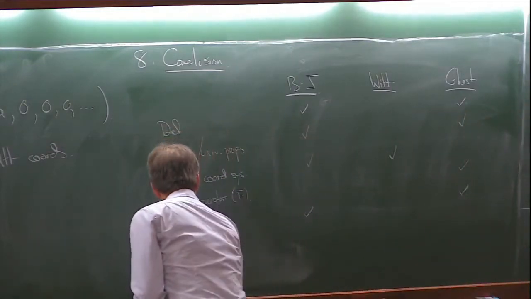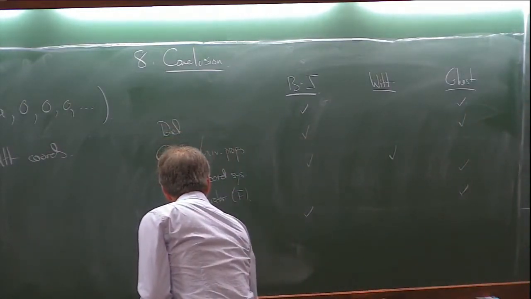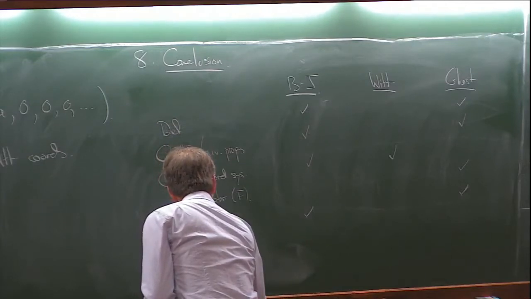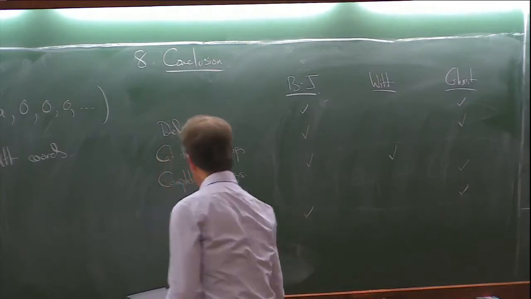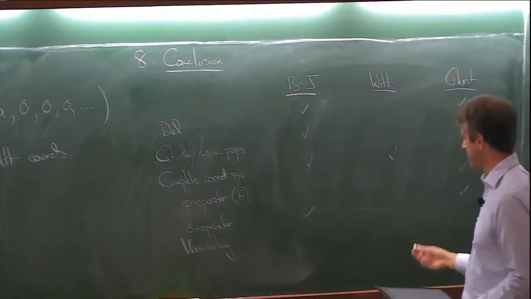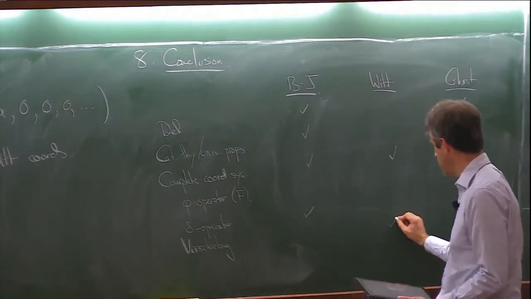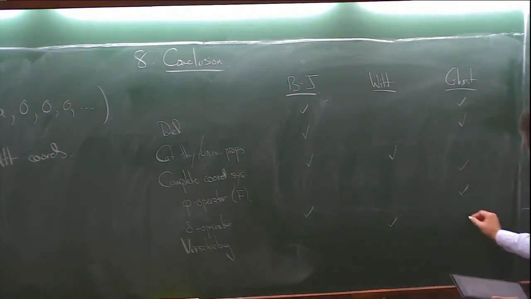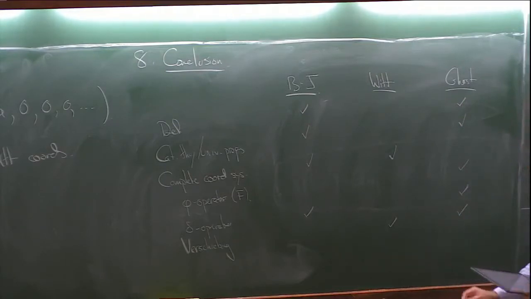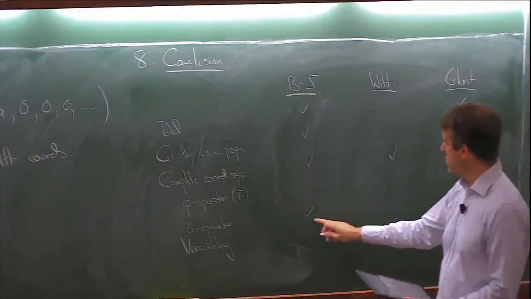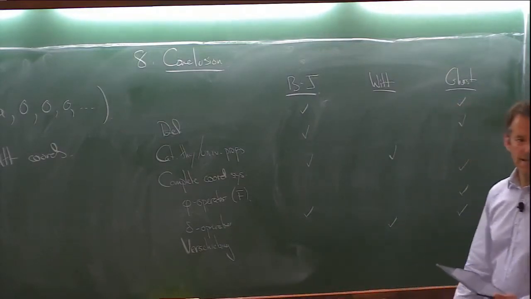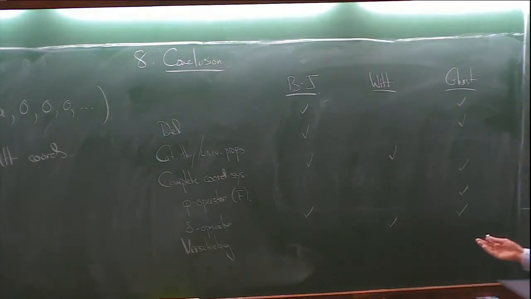and then I haven't talked about Verschiebung. Verschiebung is the right shift map in the Witt coordinates. So in the Witt coordinates, it's super easy. It's also super easy in ghost coordinates because it's a right shift together with a multiplication by p. In the Bouillon-Joyal coordinates, it doesn't have a nice closed form description.